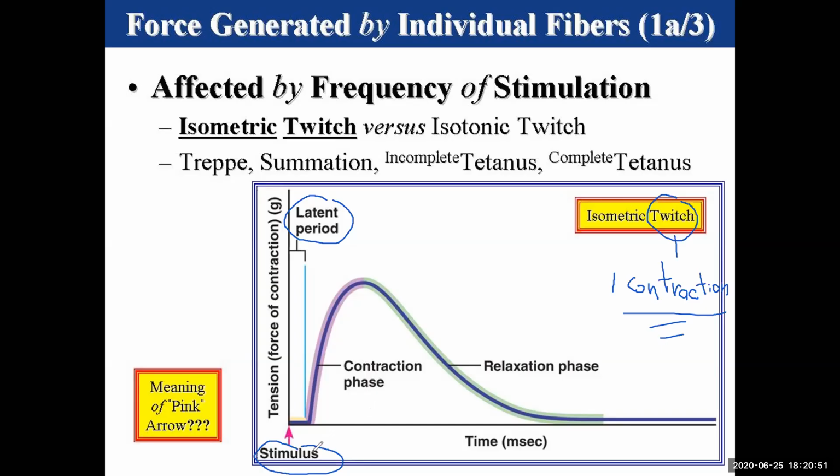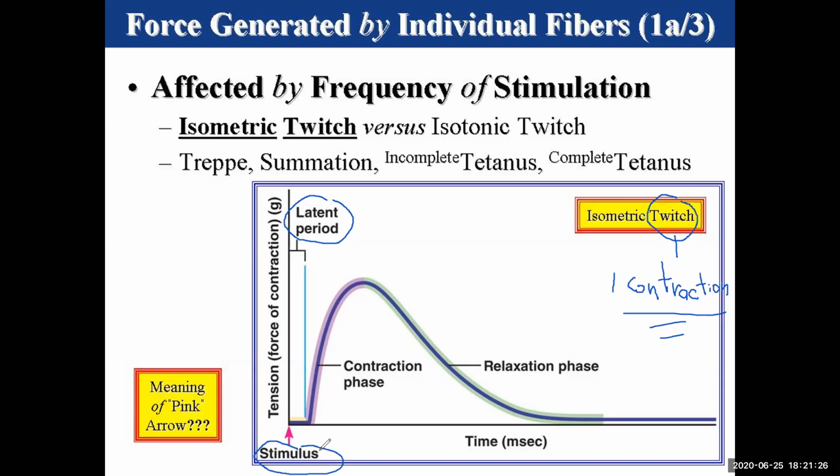So as you can see, if you apply a stimulus, it means you are applying a depolarization signal. And remember from the previous lecture, this is excitation-contraction coupling. It takes time for that action potential to be formed, because that depolarization is the equivalent of the end plate potential.